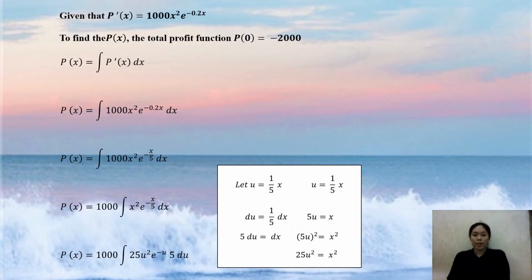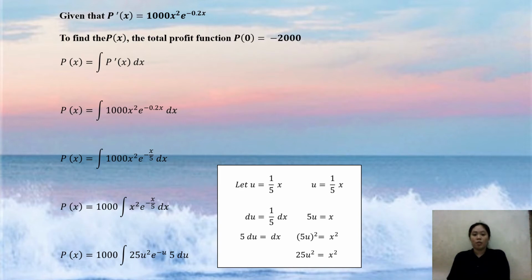Based on the data from the example, the marginal profit function is given by P prime x equals 1000 x squared exponential power of negative 0.2x. By using the formula P(x) equals integration P prime x dx, integrating the marginal profit function gives the total profit function.